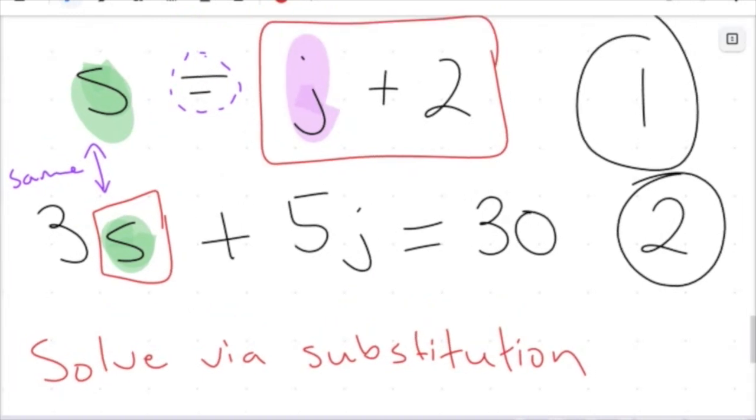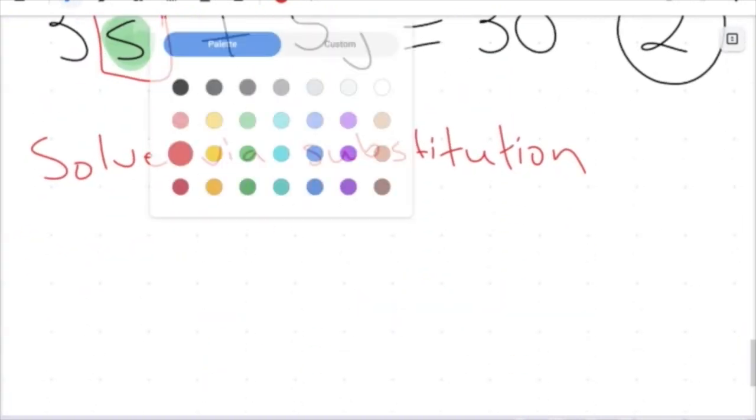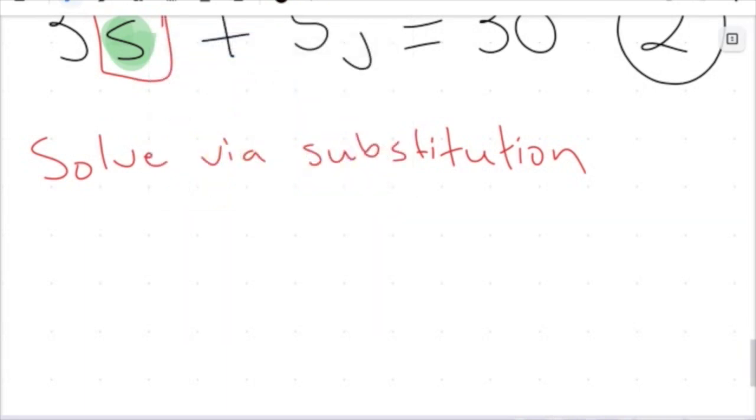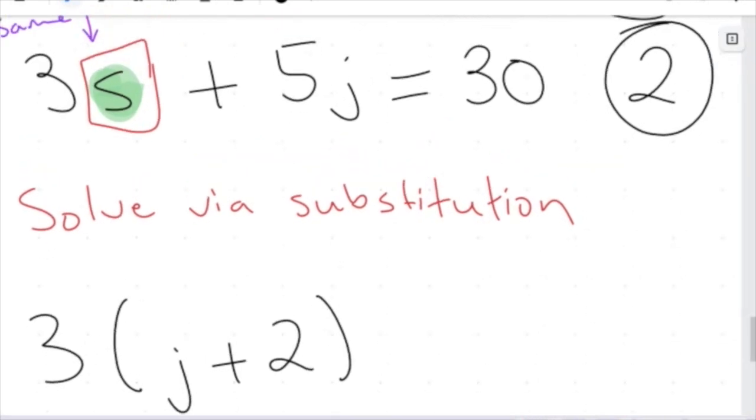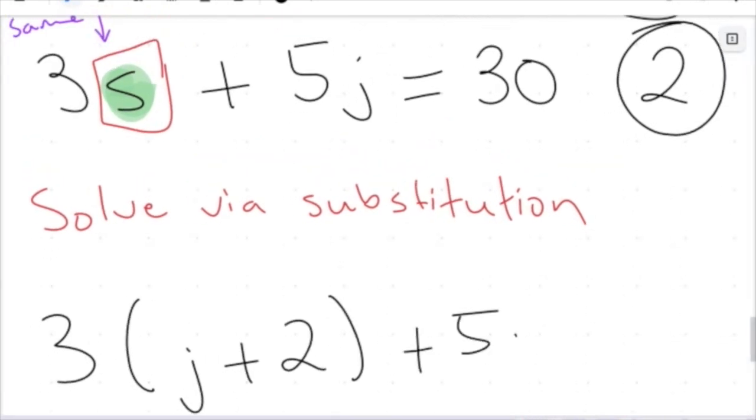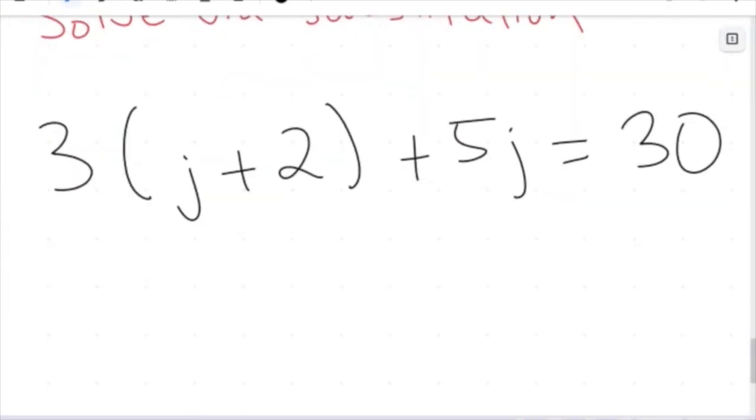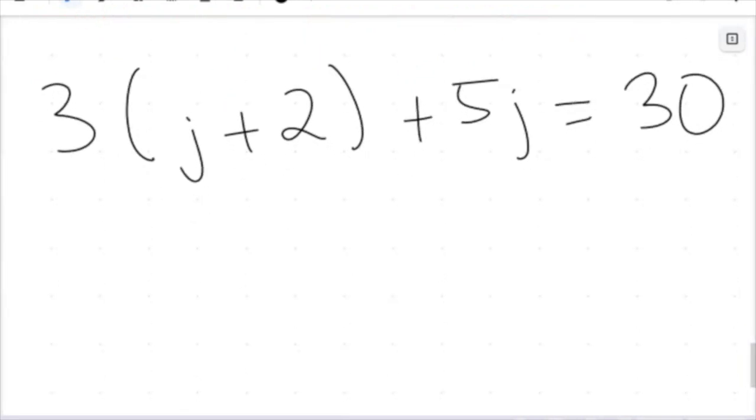Okay, so now I can put J plus 2 in place of the S. So I'm going to get 3, and instead of multiplying by S, I'm multiplying by J plus 2. And I'm adding 5J to that, and that equals 30. So now I have an equation with the same pronumeral, so I am actually able to solve this now.